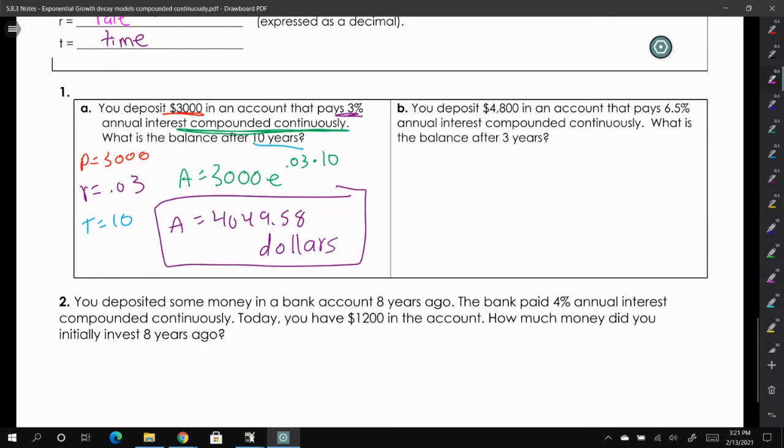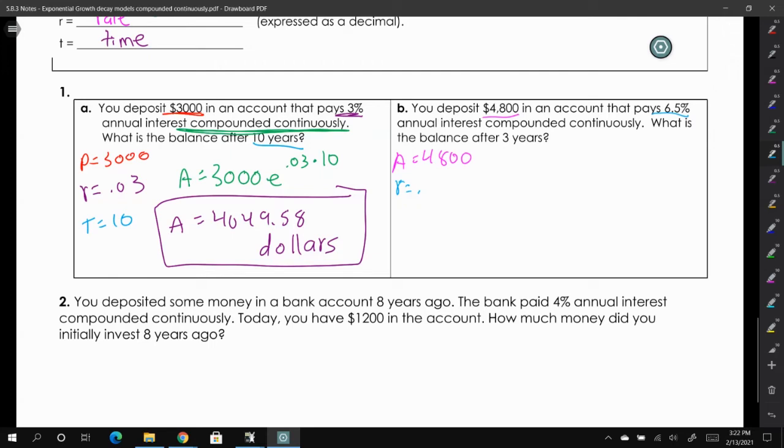Letter B, you deposit $4,800 in an account that pays 6.5% annual interest compounded continuously. What is the balance after 3 years? So 6.5%, people mess this up a lot and will say, oh, that's 0.65.